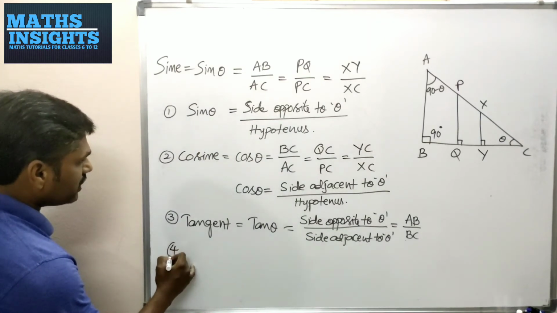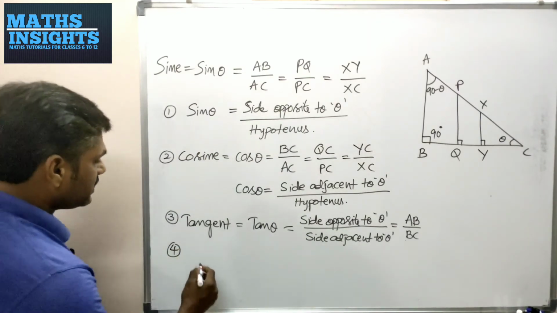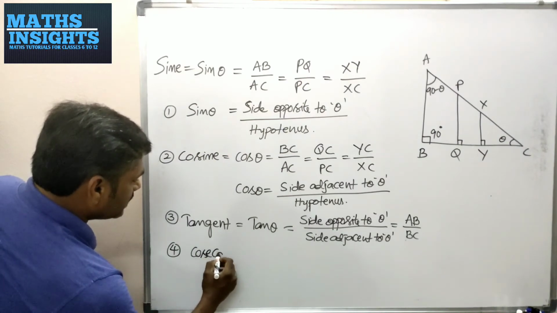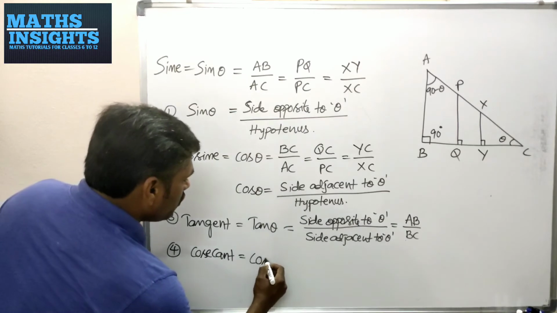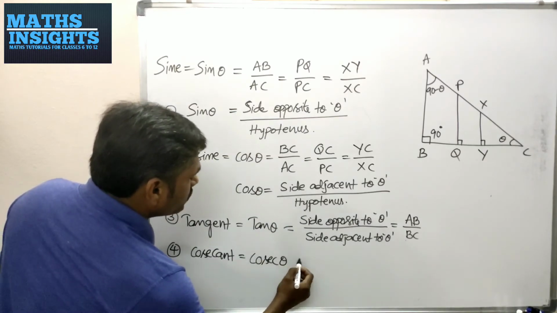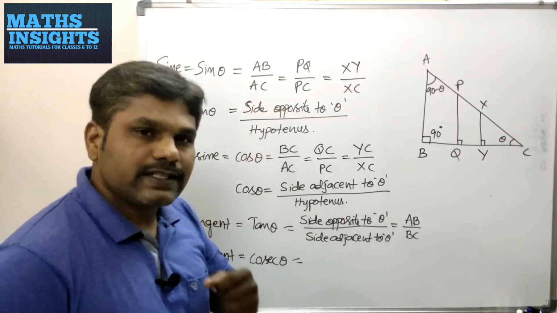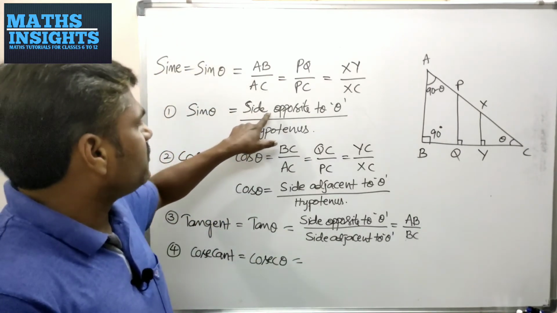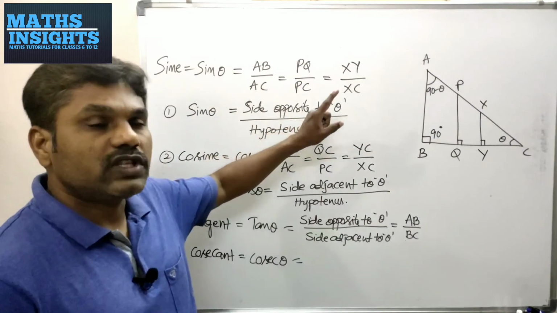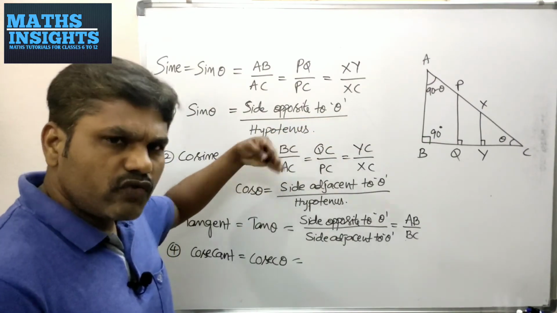Similarly, the fourth one is cosecant. This is simply written as cosec theta. Cosec theta is actually the reciprocal of sin theta. Actually sin theta is defined as the side opposite to theta by hypotenuse. So we will reverse it.